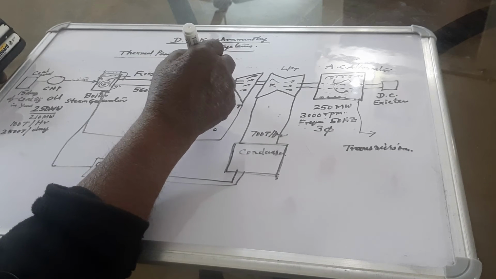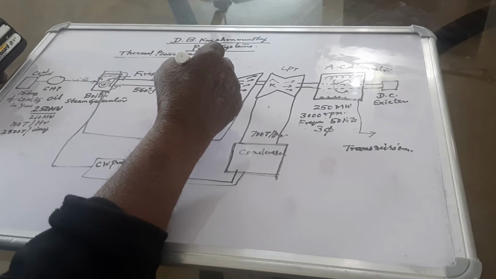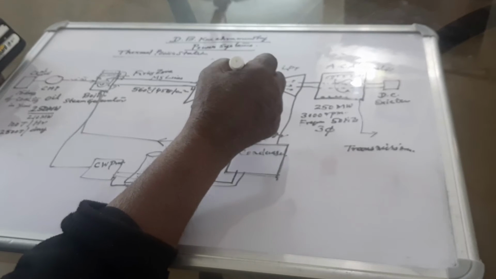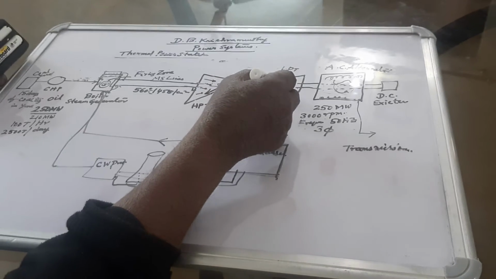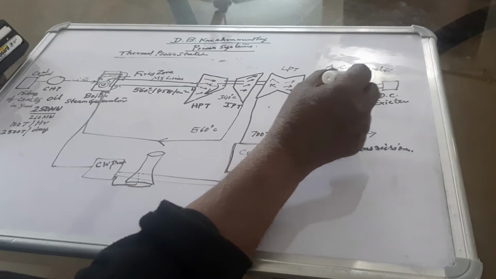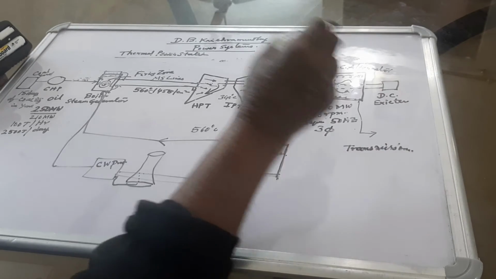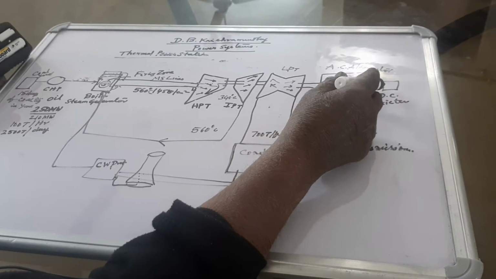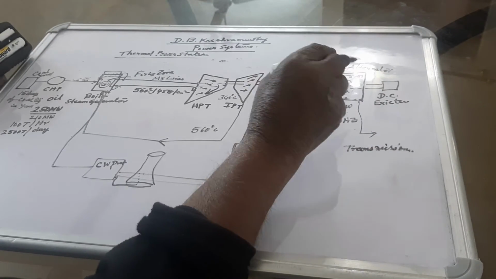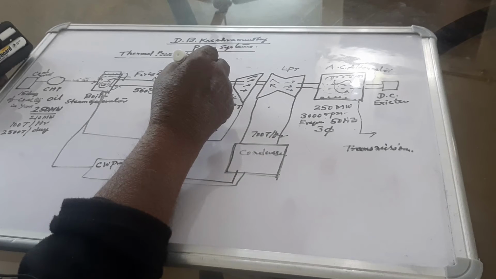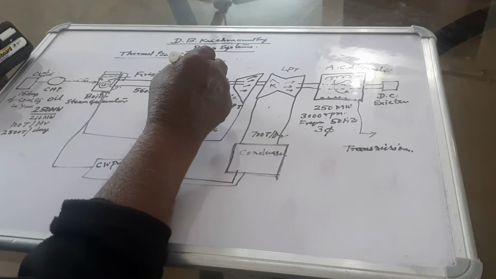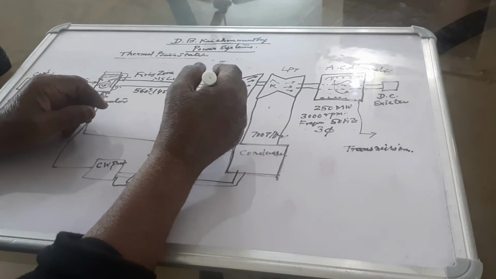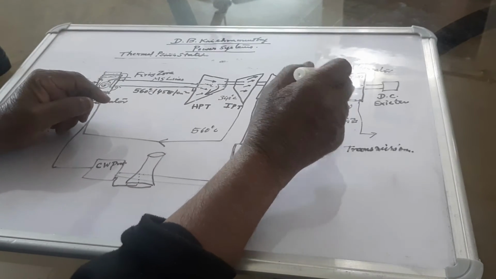Only one rotor will be erected from the HP turbine, IP turbine, LP turbine, the generator and the DC exciter. From here to here there is only one rotor over which salient magnetic field will be placed, which produces the rotating magnetic field in the generator.